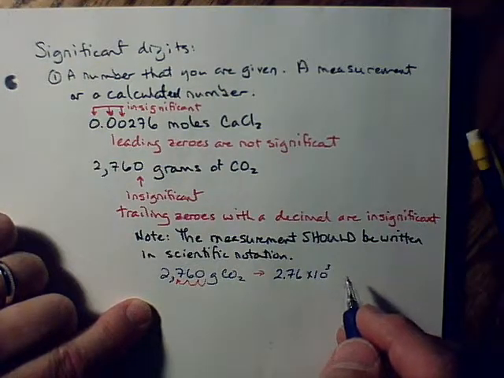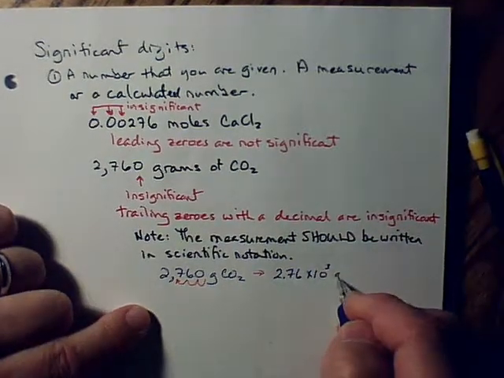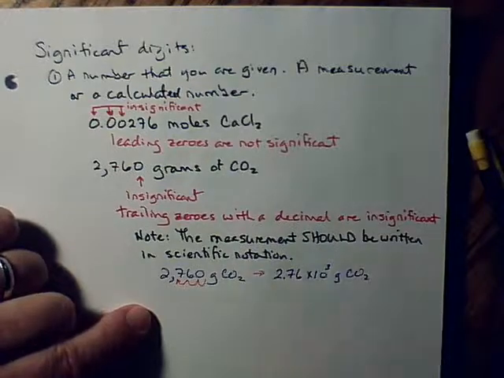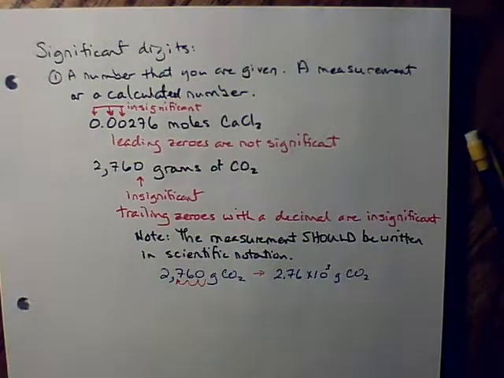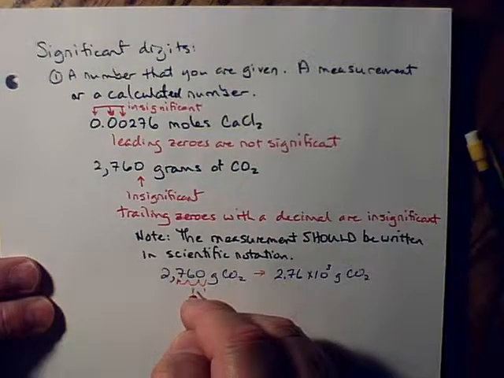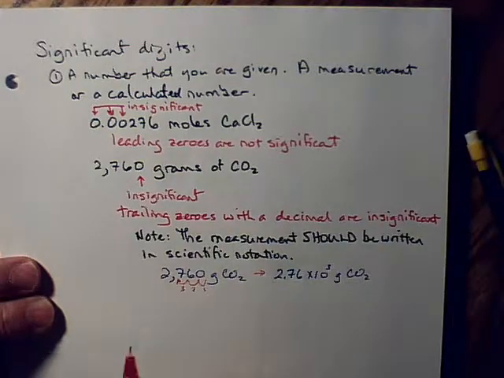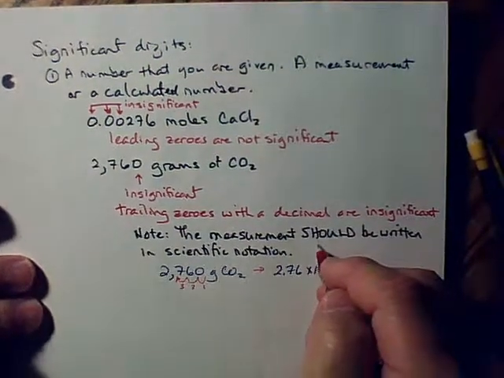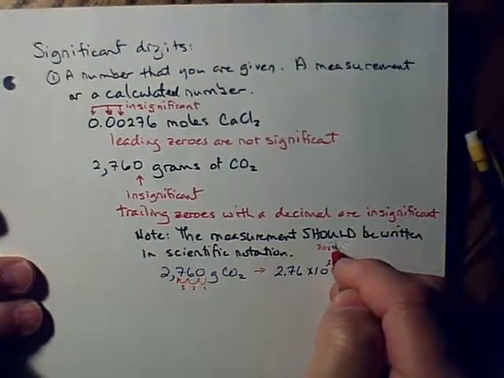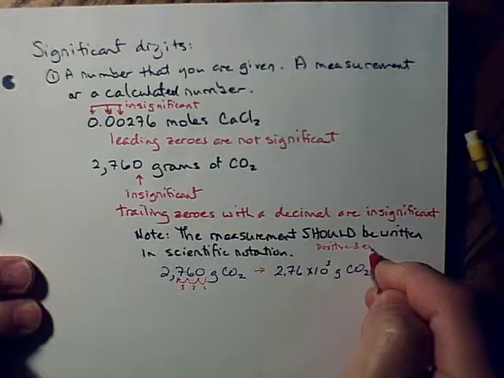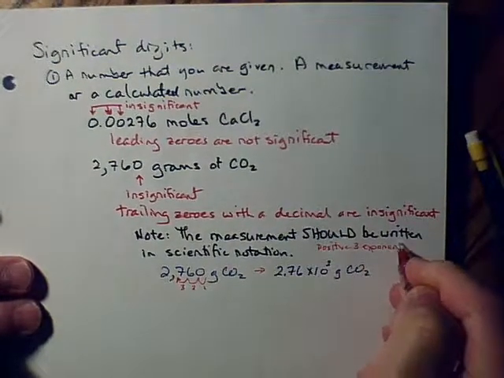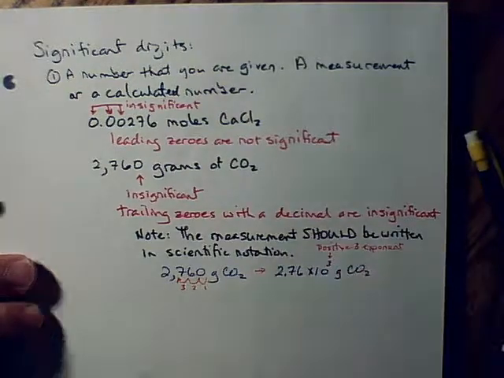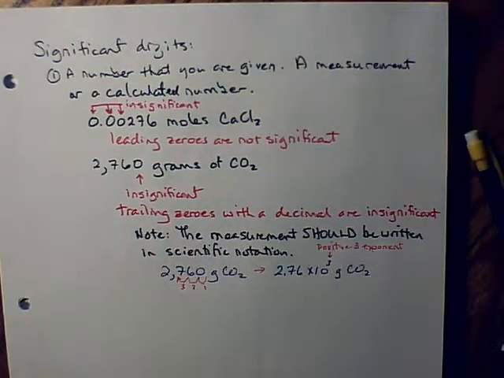No, we're not doing logarithms at this point. Okay, grams of CO2. All right? Because we moved the decimal place 1, 2, 3 places to the left, we have a positive 3 exponent. Okay? Does that make sense?